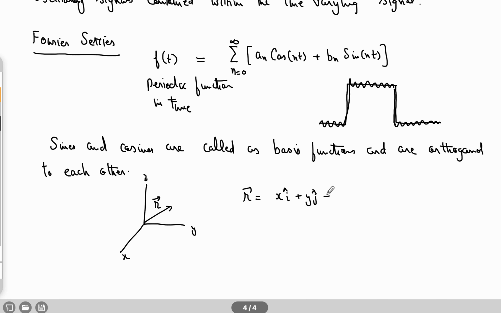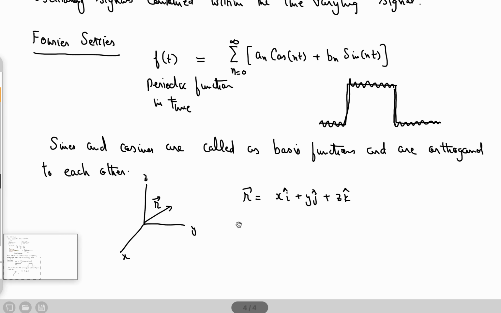So I can say that r is equal to x i plus y j plus z k, where x, y and z are components along the x, y and z axes, and i, j, k are the basis functions, or the unit vectors, along the x, y and z axes. These i, j, k are orthogonal to each other. Similarly, the cosines and sines used here are also orthogonal.